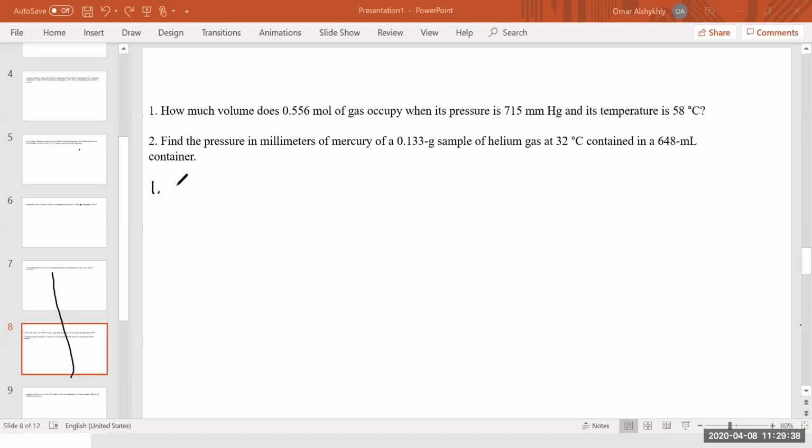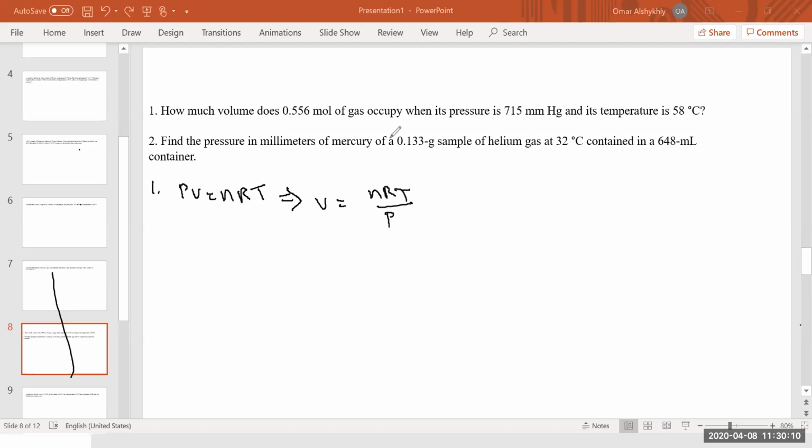Two questions here. So number one will also be PV equal nRT. Here we need to calculate the volume, V equals nRT divided by the pressure.